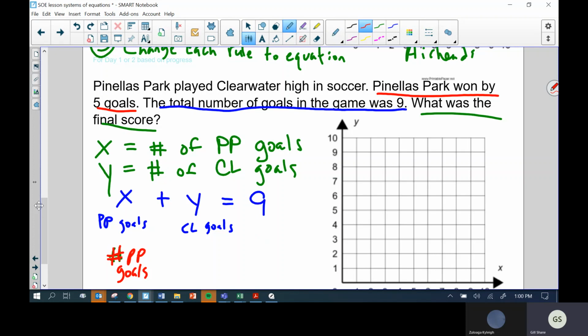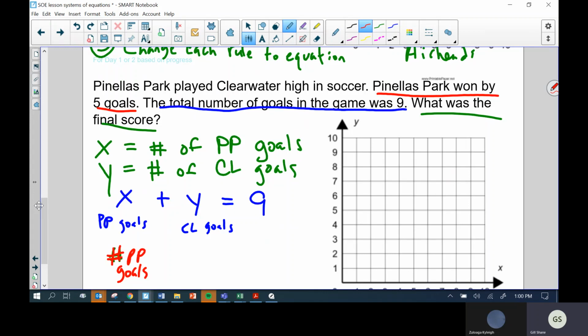All right, so listen to this again. If we won by 5, do we have less goals or more goals than them? More. So our number's higher. How much higher is it than theirs? 5. We won by 5. So our number of goals is higher than theirs, and it's 5 higher. So our number of goals, say it again, our number of goals, what? Say that one word.